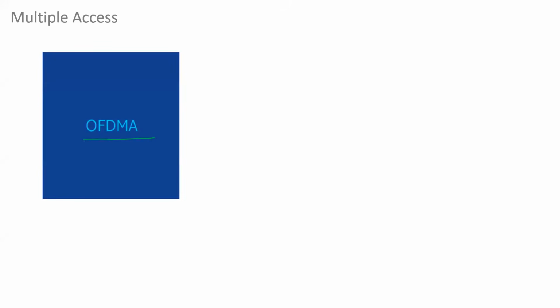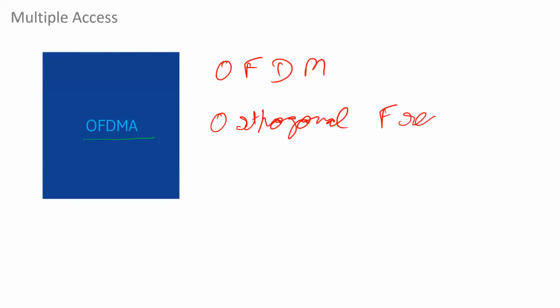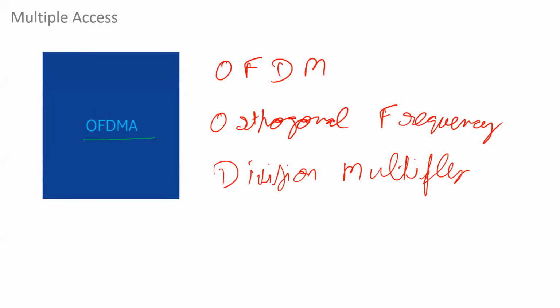So OFDMA is based on OFDM, which is orthogonal frequency division multiplexing. In case of OFDMA, data is divided into smaller units called subcarriers.